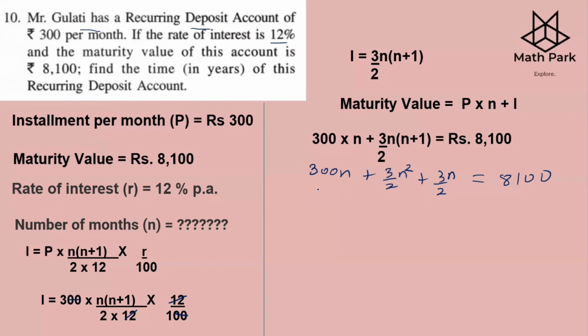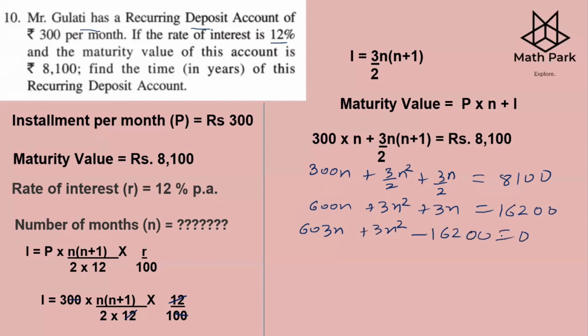So 2 times 300 is going to be 600n plus 3n square plus 3n is equal to, this 2 goes here, multiply 8,100 times 2 is 16,200. So 600 plus 3 is 603n plus 3n square minus 16,200 is equal to 0.